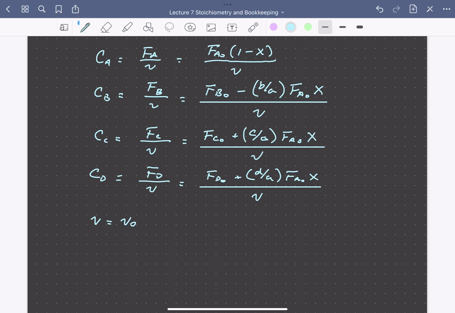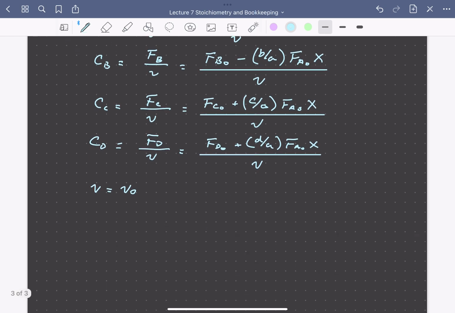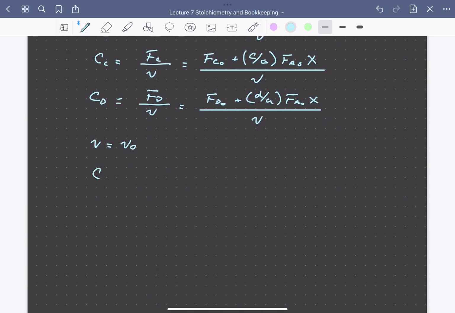So this could be the case if we have a liquid phase reaction, say happening in a CSTR, for example, or a gas phase reaction where there's no change in the number of moles, or if the gas phase reactants and products are highly diluted in an inert, such that the flow properties are not really dictated by the progress of the reaction.